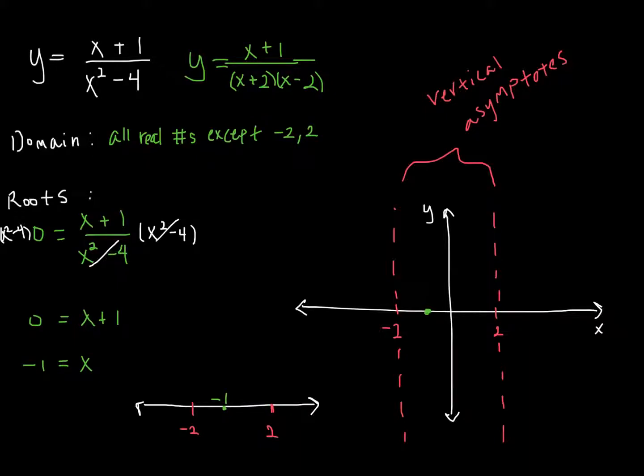Why don't we try out a value? Why don't you plug in negative 3 into your function, do it on a calculator if you need to, and decide whether you're going to have a positive or negative value. If you plugged in negative 3, what you will find is that you end up with a negative value, right?